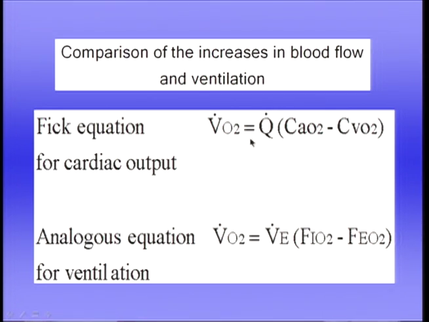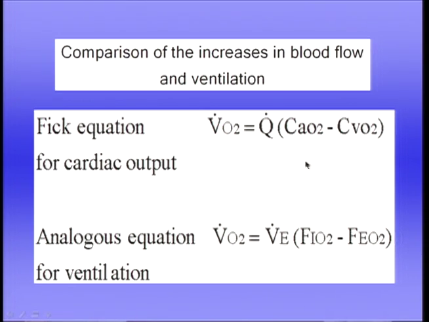And what happens is that Q does not increase as much as ventilation when we write the analogous equation for ventilation. The analogous equation would be oxygen consumption equals ventilation rather than cardiac output against the inspired fractional concentration of oxygen minus the expired fractional concentration. This is a similar kind of equation. So why the difference?